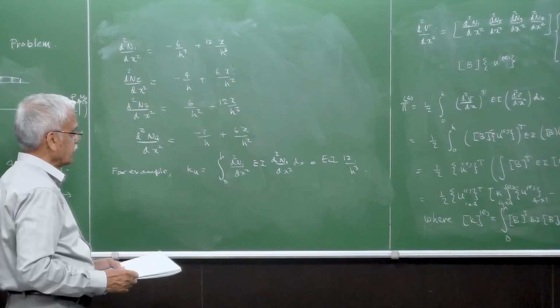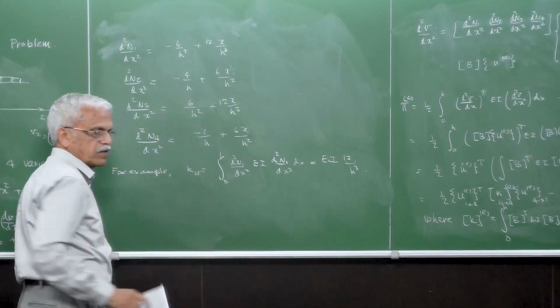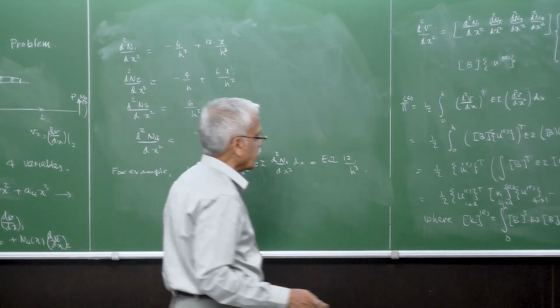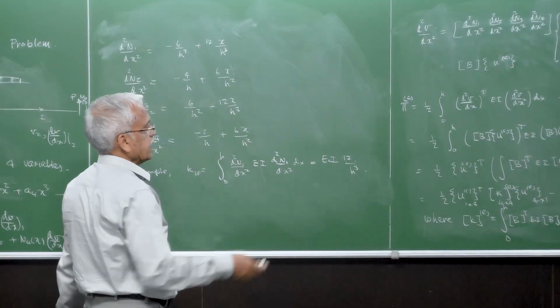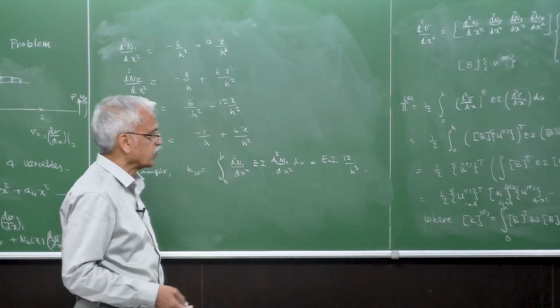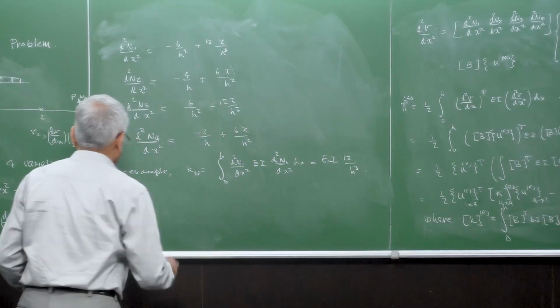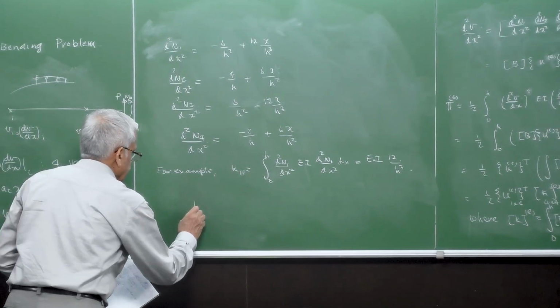Okay, so this is for K11. You can also do all other, K12, for example, which is nothing but taking d square N1 by dx square multiplied by d square N2 by dx square with EI there. So thus, therefore, we complete all that.